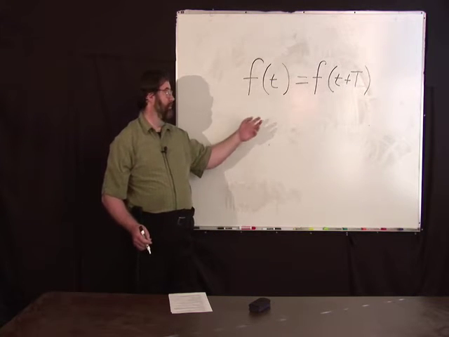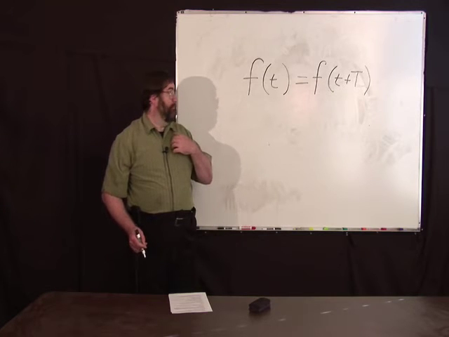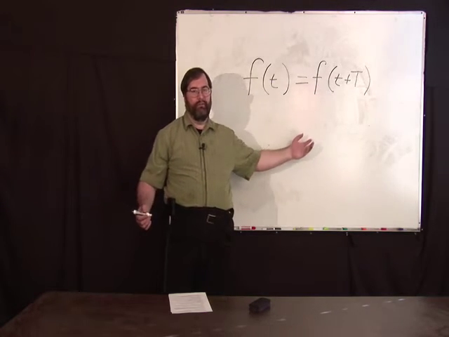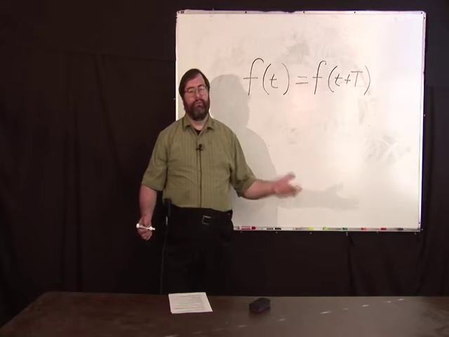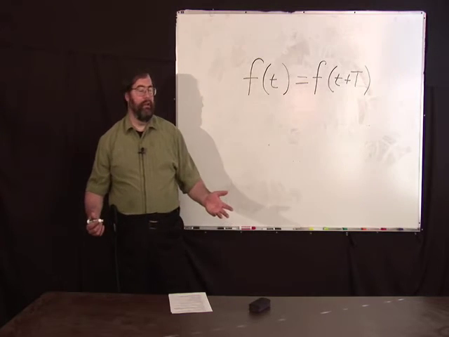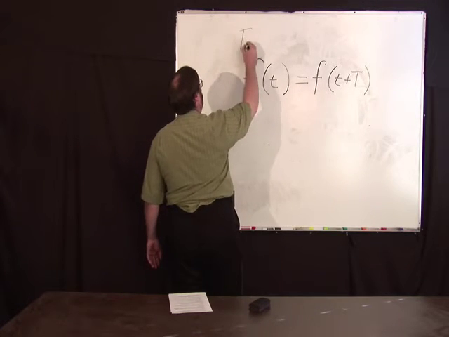In other words, the function repeats with period T. Now, you might ask yourself, if you define such a function, what if you want a function with the same shape, but with a different period, let's say t0. You wanted something with a period t0.